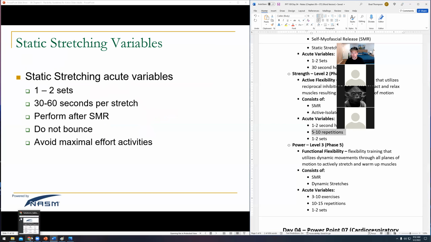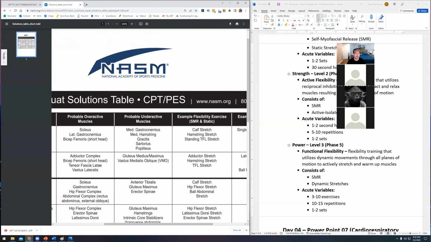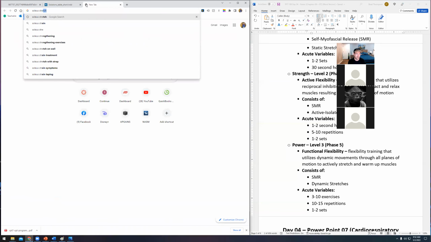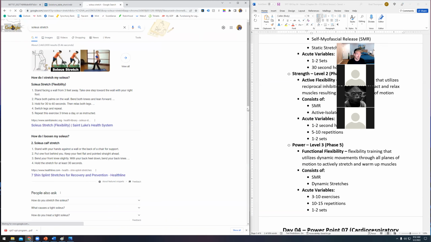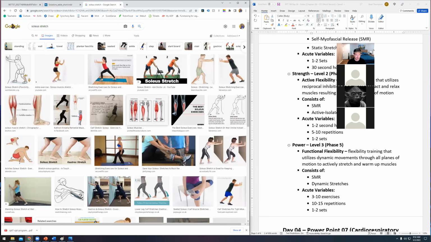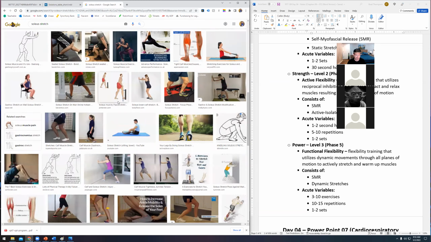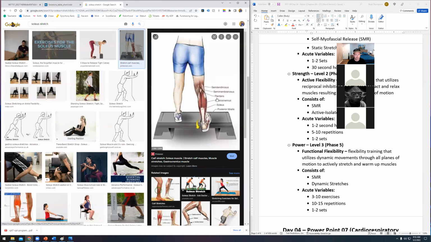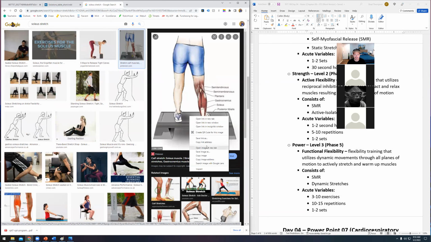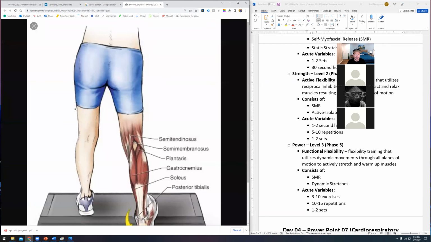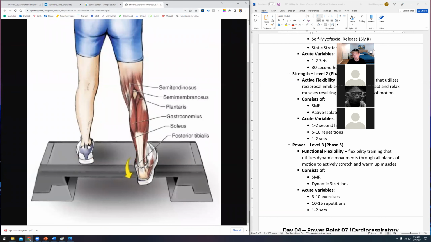I can't demo this because I don't have anything to do it on, but here, I could step on top of a box and drop my heel below that box.